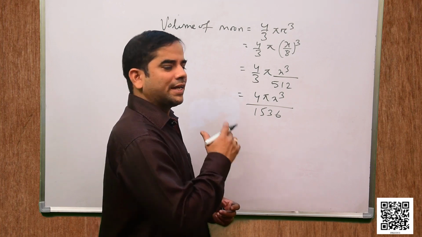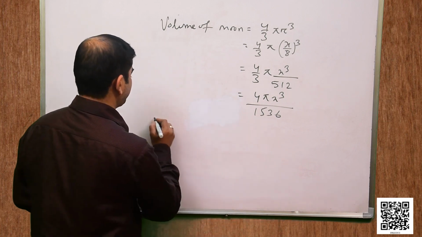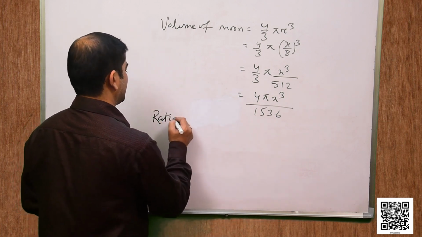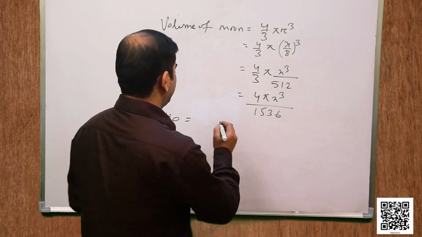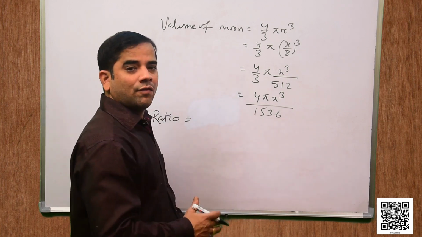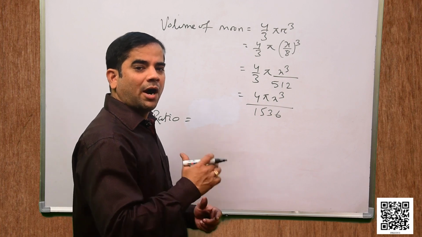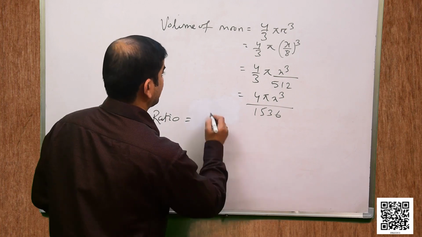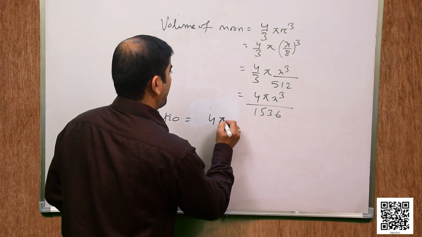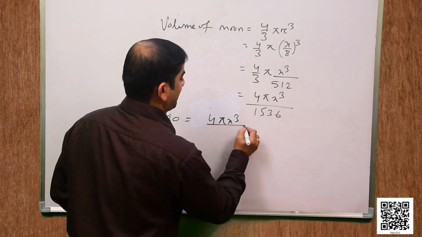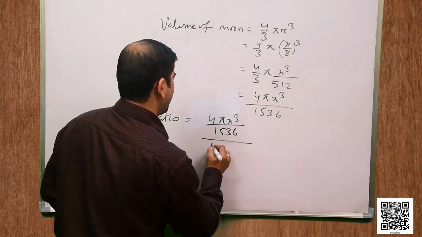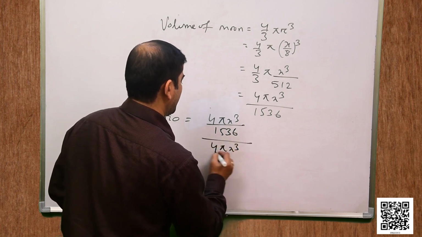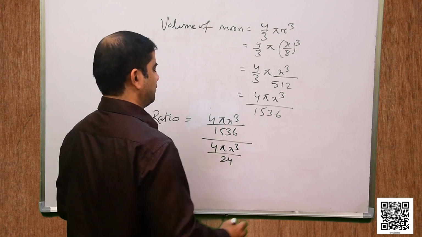So, the ratio of the volume of moon to the volume of earth will be 4 pi x cube divided by 1536, whole divided by 4 pi x cube divided by 24.